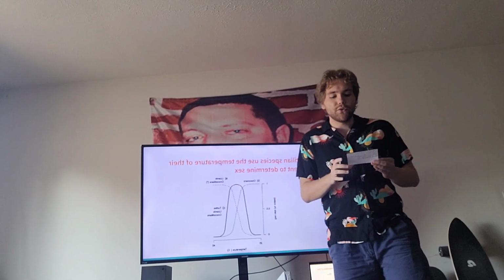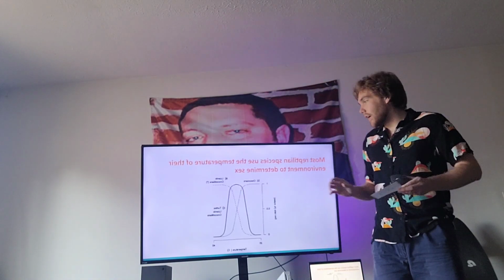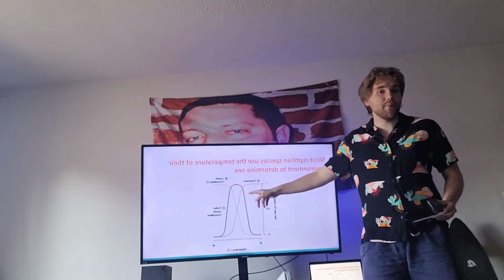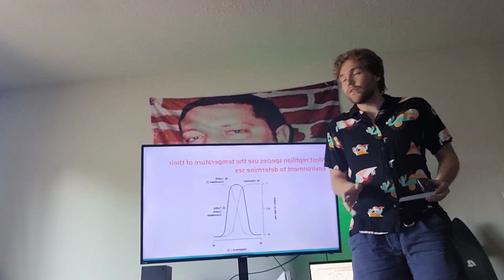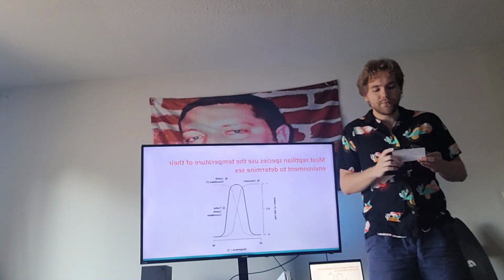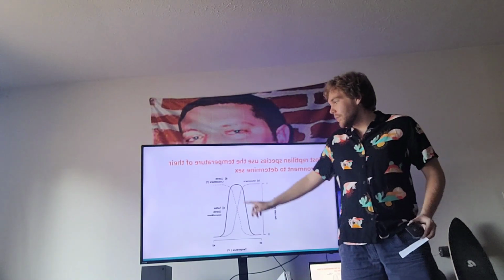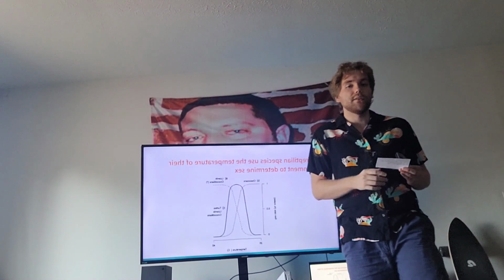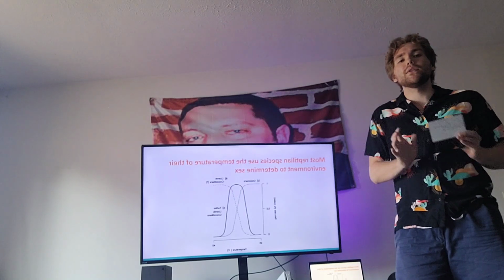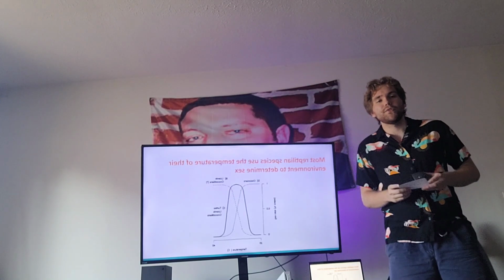So most lizards and crocodiles produce, at low temperatures they produce females, and at high temperatures they produce males. Most crocodiles produce females at high temperatures and males at low temperatures. While all three of them, turtles, lizards, and crocodiles, produce females at the extreme temperatures, be it high or low, and males at the moderate temperature.